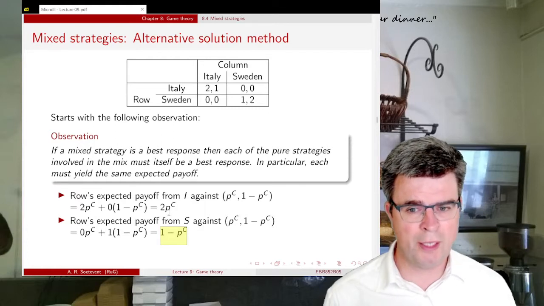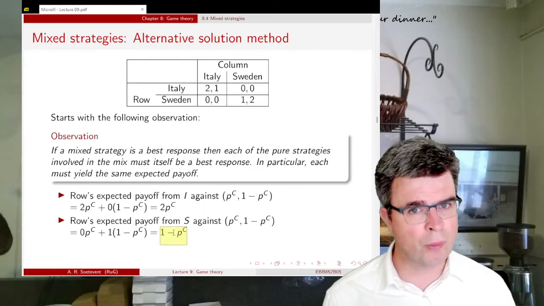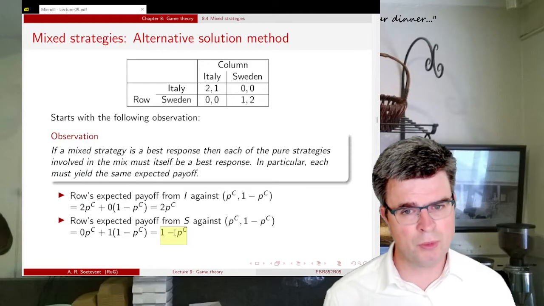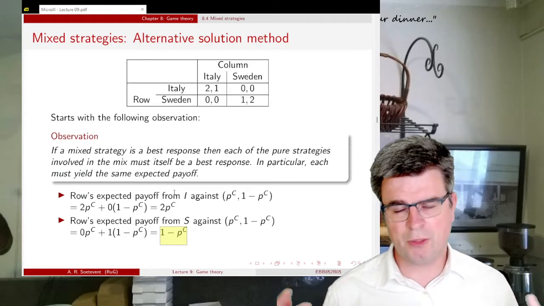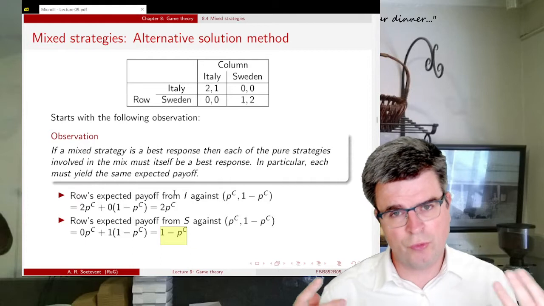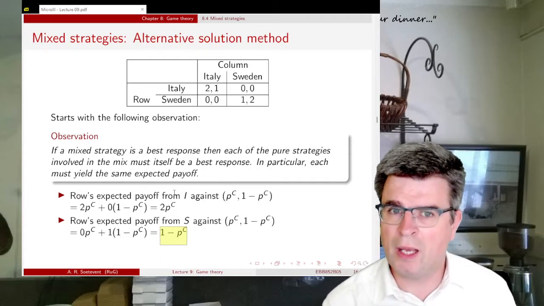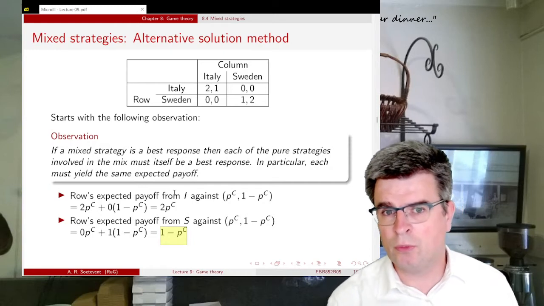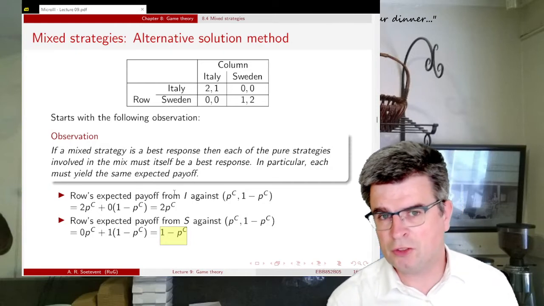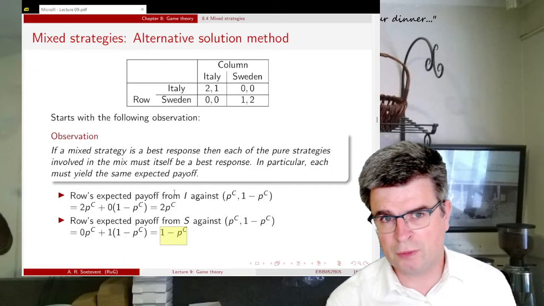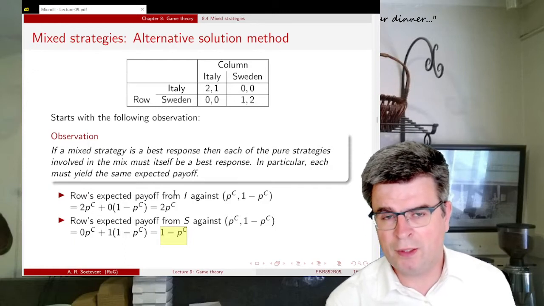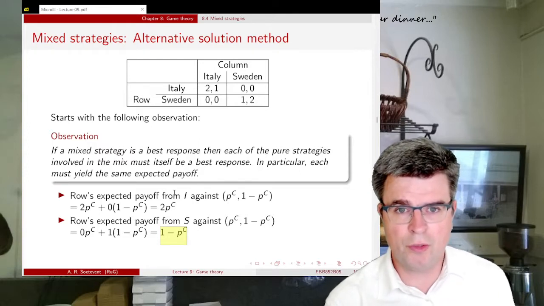So we can equate these two and solve for PC. Note that so far we said we want to find a mixed strategy equilibrium, and we know that then the row player mixes between two of his pure strategies, but he must be indifferent between playing either. But we did not yet specify the value of PC.